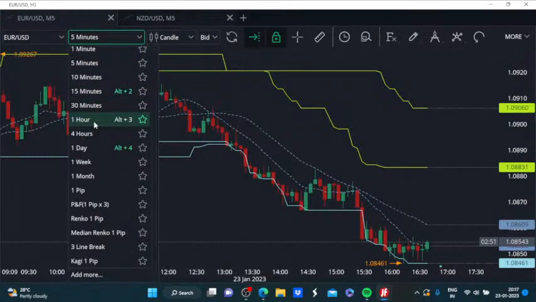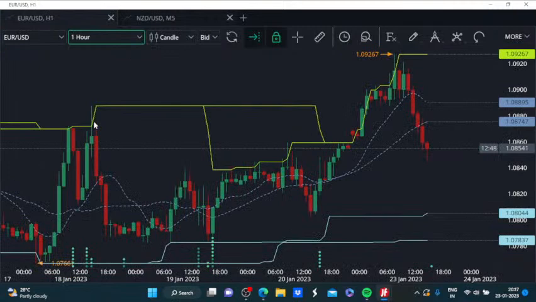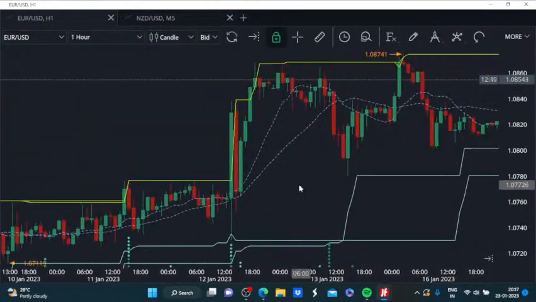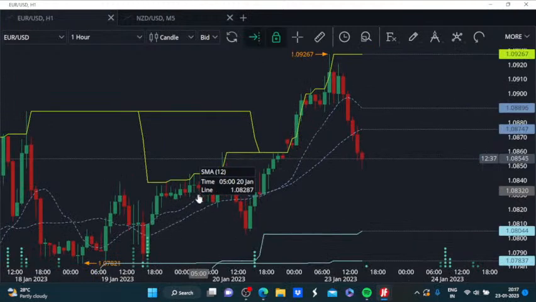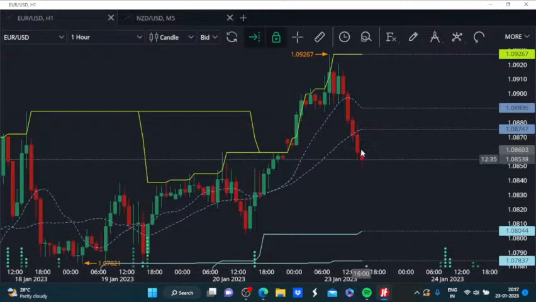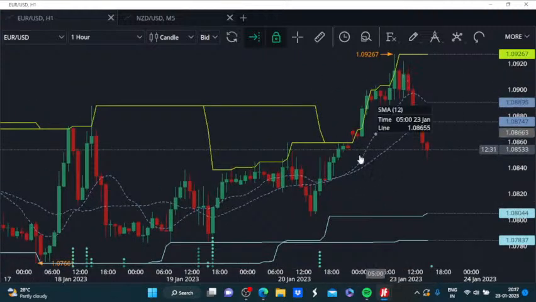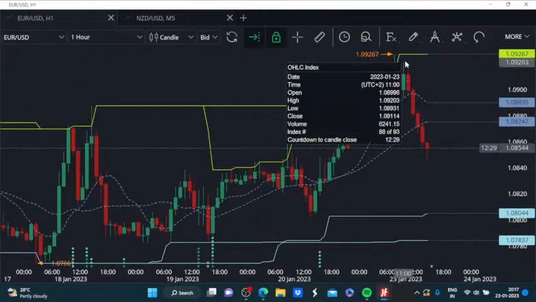If we look at its charting from the hourly time frame, here you can see that for the EURUSD, the formation has been of higher highs and higher lows on the hourly timeline. So even this move, as of now, has to be considered a corrective movement from this new swing high.